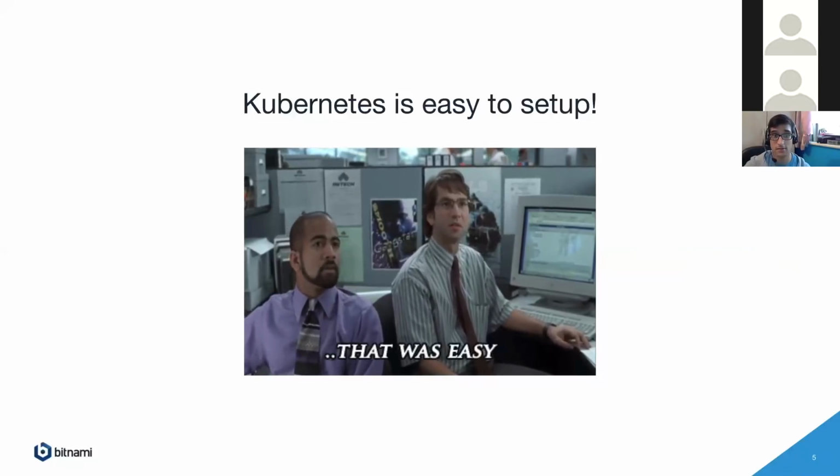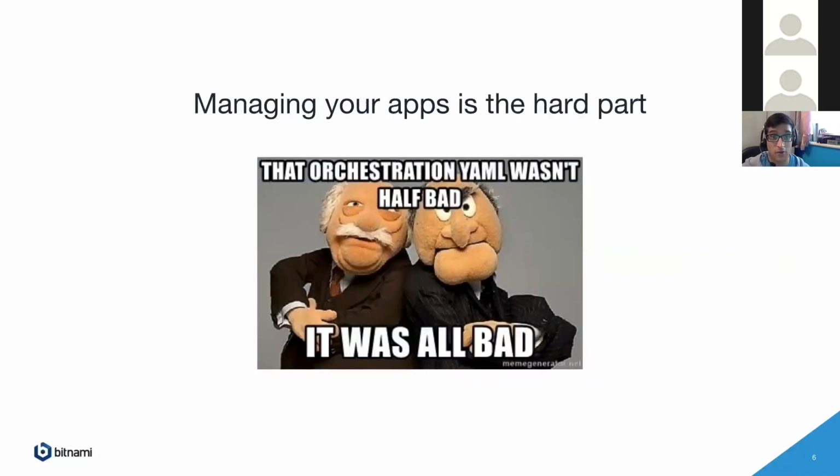So with Kubernetes being so easy to set up, the problem is really how you manage your applications on top of it, and that's the hard part right now. I've got this meme here of YAML, because I know how much we all love YAML. Generally, when you're doing stuff on Kubernetes, you're going to have to write a fair amount of YAML, and then pass that into your kubectl command line, and that's how you deploy stuff.